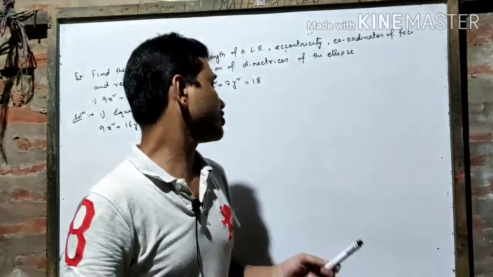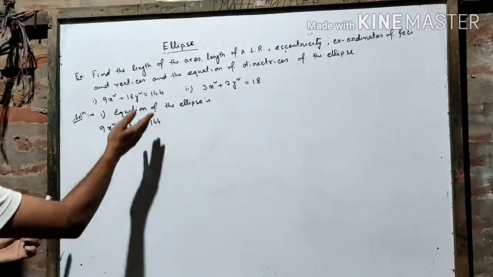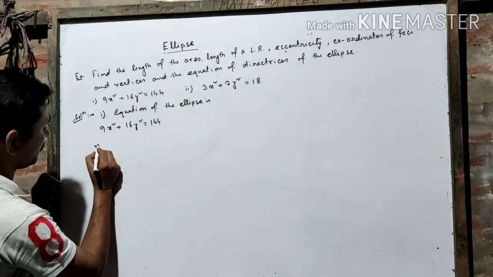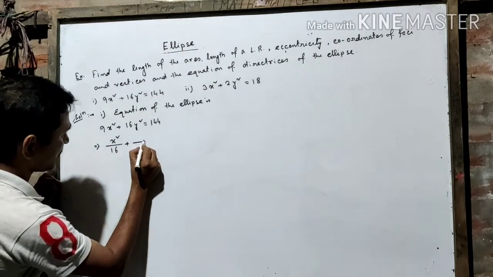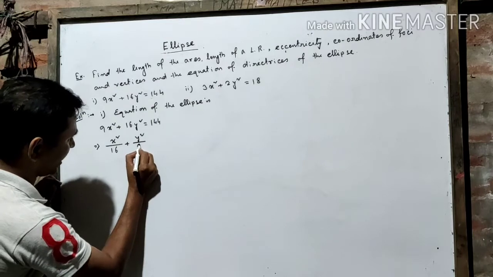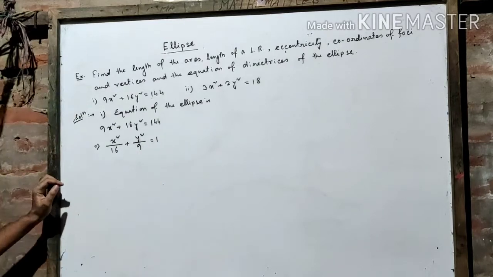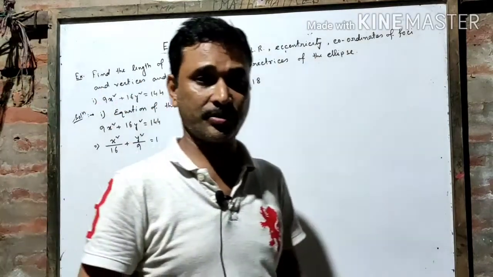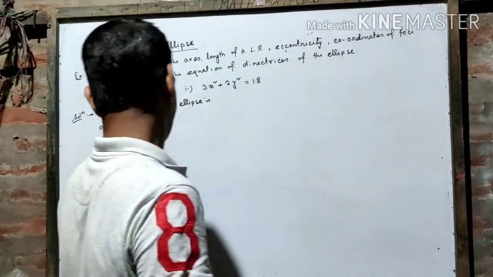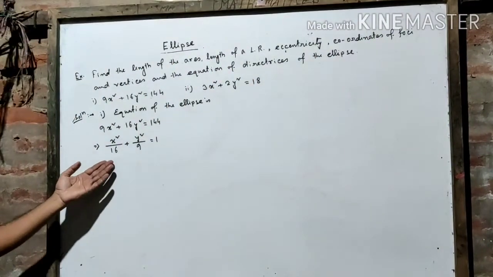So the right hand side should be 1. Let's divide with 144. On dividing, this becomes x square by 16 plus y square by 9 is equal to 1. Okay, now this is of the form x square by a square plus y square by b square is equal to 1.